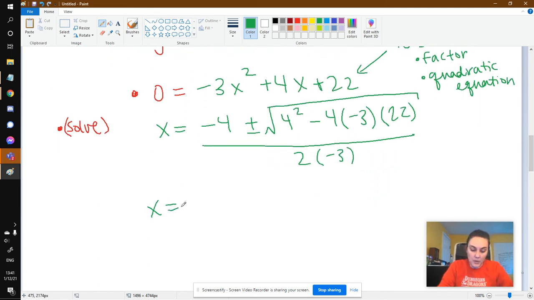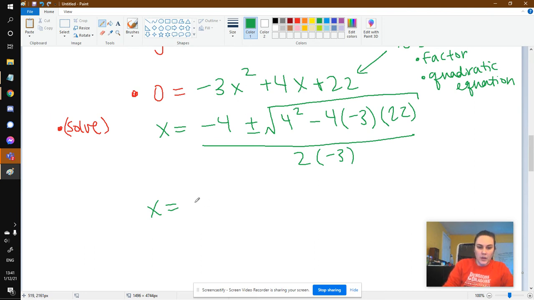I should have done this beforehand, but here we are. Plus the square root of 4 squared minus 4 times a times c, all divided by 2 times -3. I always check what I plugged in is right because I don't like typing it twice.